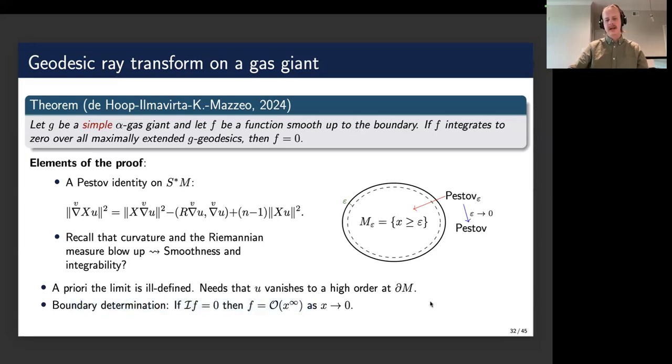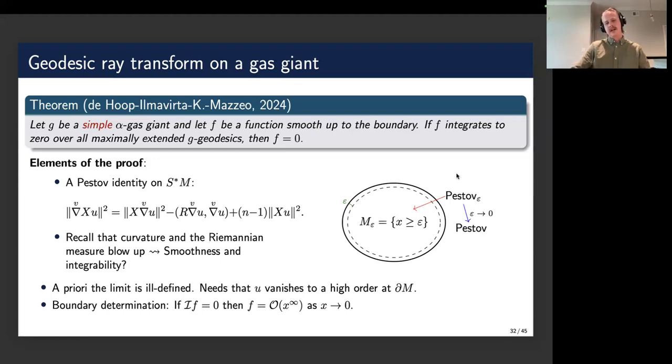A big thing helping in this business is the so-called boundary determination. Maybe you can prove that if your X-ray transform vanishes, then your functions at least have to vanish to higher order at the boundary. Okay.